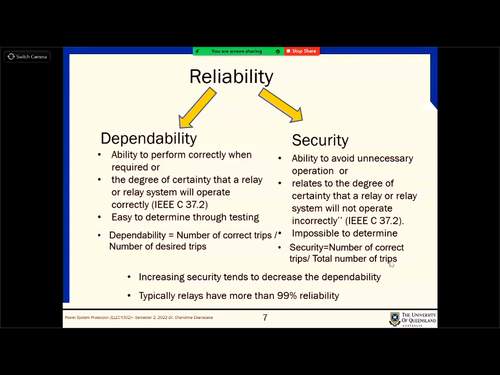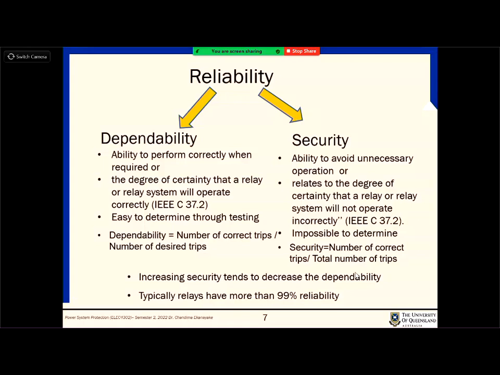It doesn't mean that 50 is the number of desired trips, because one could be an undesired trip as well. So what happens is that when you are trying to increase the security, usually it tends to decrease the dependability, because increasing the security reduces the total number of trips.